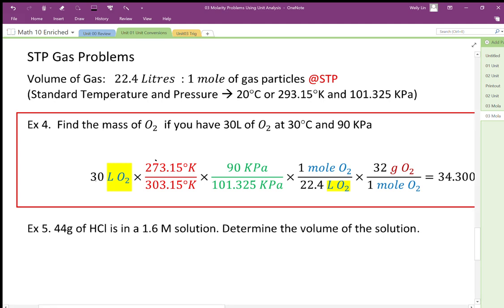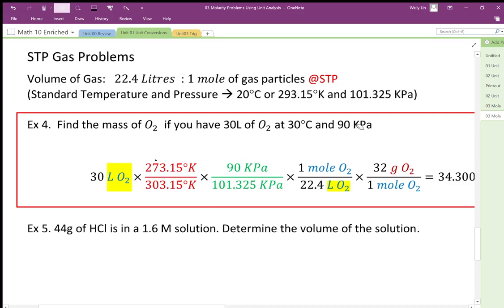We're going to take our 30 liters of oxygen and convert it back to STP. Right now we have a higher temperature. We need to bring it back to a lower temperature. So we need the lower temperature on top and the higher temperature on bottom in the ratio when we multiply this. And notice that these units cancel out. So all we're going to end up with is liters. We use this ratio to find out the liters.